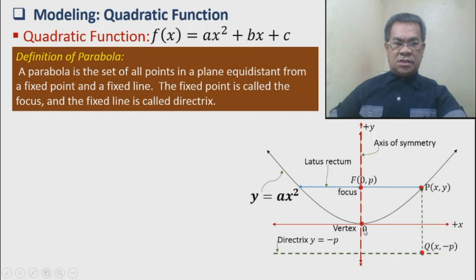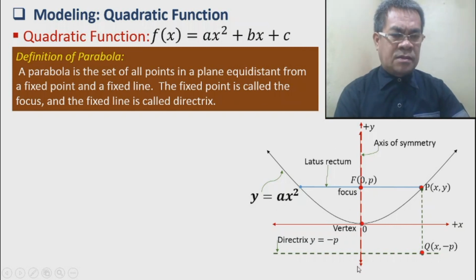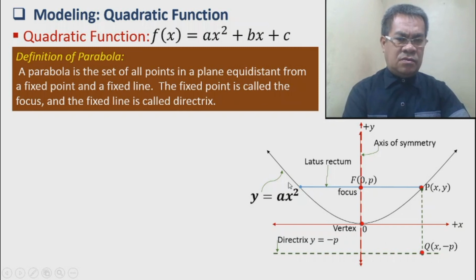The vertex is located at the origin, so we have only ax². Therefore, for the quadratic function, if b and c are 0, then the vertex is located at the origin of the Cartesian plane.